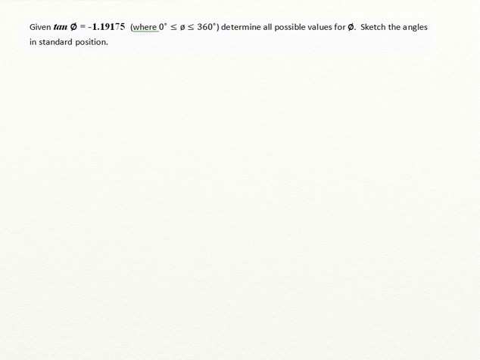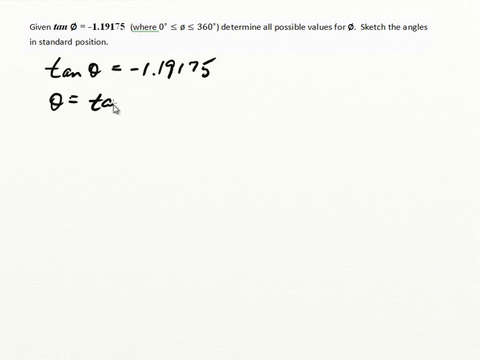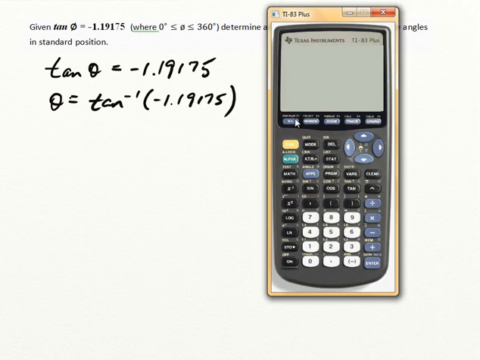To begin with, all we need to do is say, if the tangent of theta is negative 1.19175, then the angle must be equal to the inverse tangent of negative 1.19175. Entering this into our calculator, second function, inverse tan of negative 1.19175.